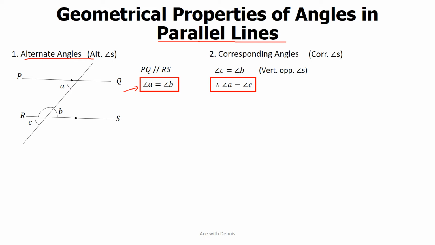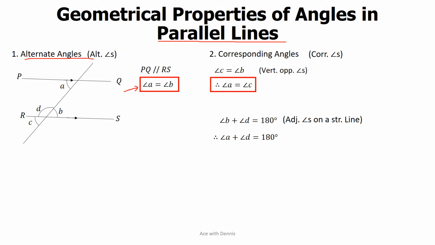Next, let's label this angle as angle D. And since RS is a straight line, we can say that angle B plus angle D equals 180 degrees because it is adjacent angles on a straight line, which we have mentioned in the previous slides.